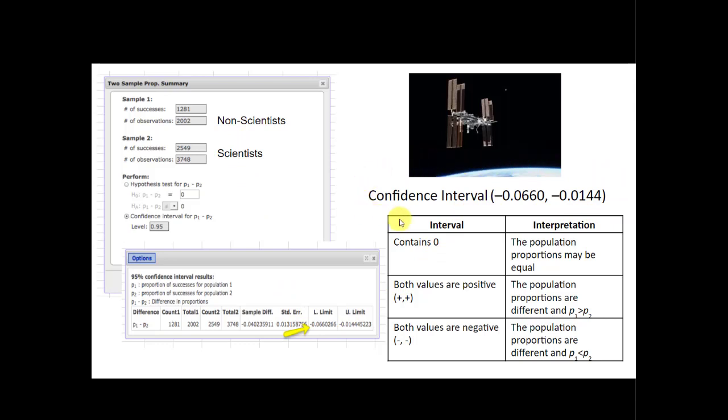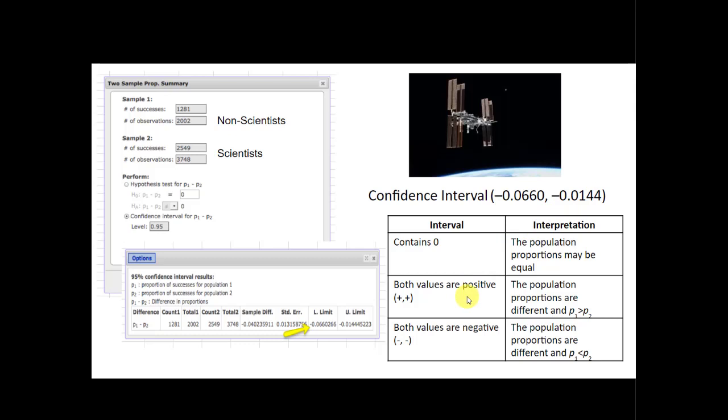And over here, I have added in larger font what the lower bound and the upper bound of the confidence interval were. Notice, this is a negative number and this is a negative number. Both of these values are negative. So, since they're both negative, they can't contain 0, right? 0 is greater than negative, so 0 is not contained within this interval.